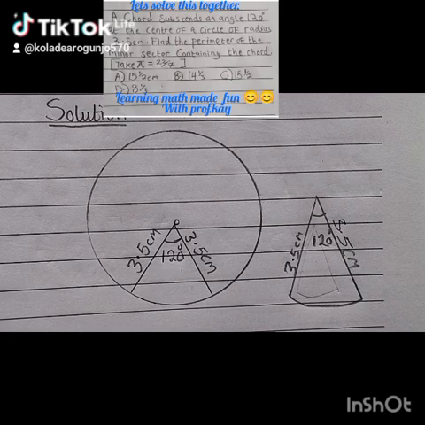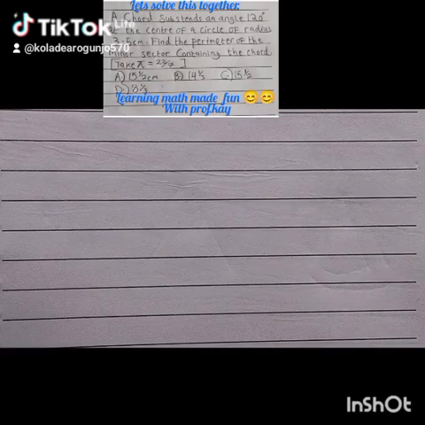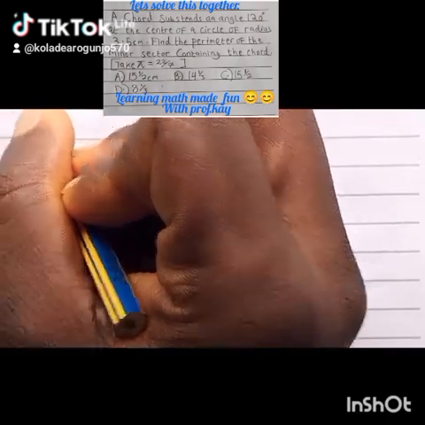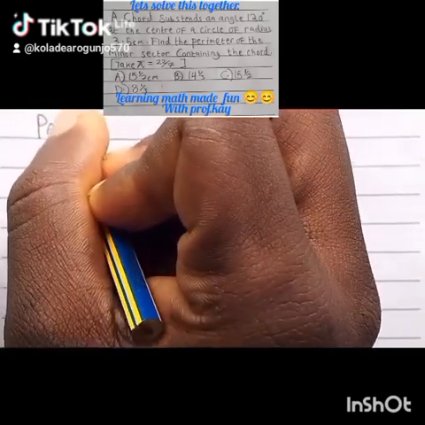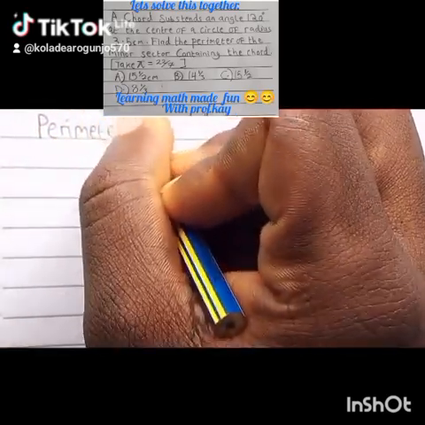Then we have to find the perimeter around it. Perimeter simply means the distance around it. To get the distance around this minor sector, we have one radius at the side, another radius at the side, and finally the length of the arc. Those three things make up the perimeter of the minor sector.